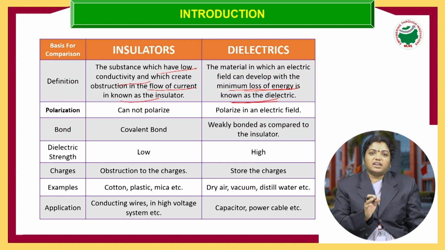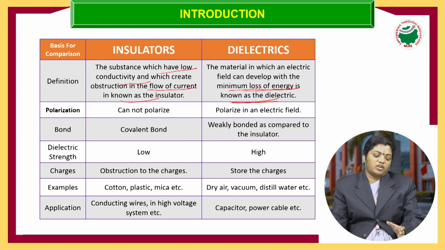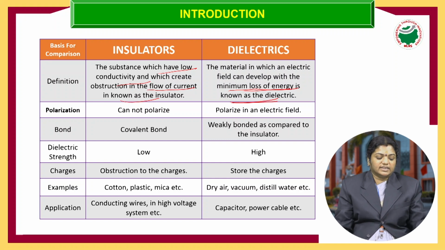But among insulators, some materials show a different kind of property in the presence of an electric field: they produce dipoles. These insulating materials are called dielectric materials. All dielectric materials are insulators, but all insulators are not dielectrics. So first, let us discuss some differences between insulators and dielectrics.